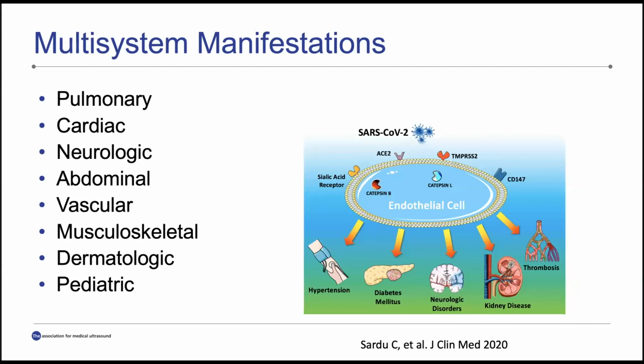So we saw that this was really a multifactorial issue involving multiple organ systems. Not only the lungs, but the heart, the brain, the abdominal organs, the vessels, the musculoskeletal system, the skin, and we're now starting to realize that it also affects patients in the pediatric age group, something we didn't really realize until recently.